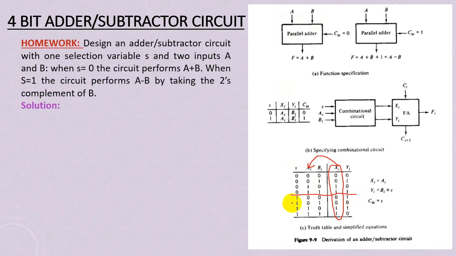And when s equal to 1, we modify b to b bar. So when s equal to 1, look at what b was 0, now it is 1. B was 1, it is 0. So whatever is b, that gets inverted over here. Inverted.